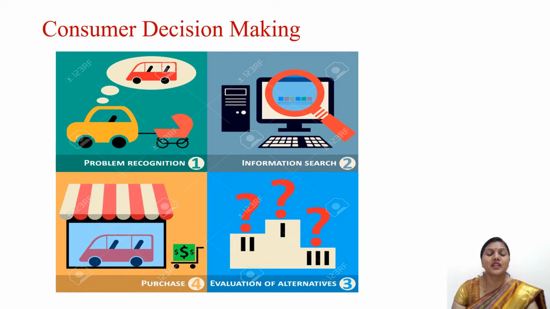That is, he will see whether he is satisfied with the product or not, whether he has taken the right decision of purchasing the product or not. So these steps, that is problem recognition, information search, evaluation of the available alternatives, purchase decision, and finally post purchase behavior, in the next classes we will discuss in detail, because it is a 14 marks question.